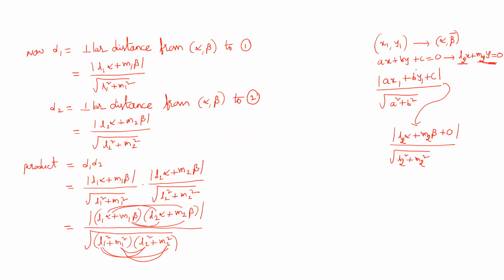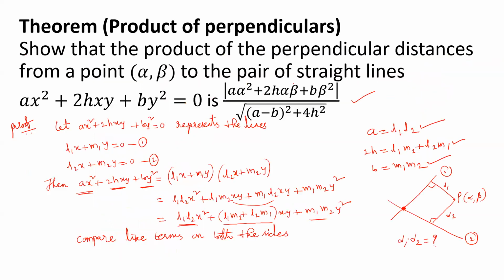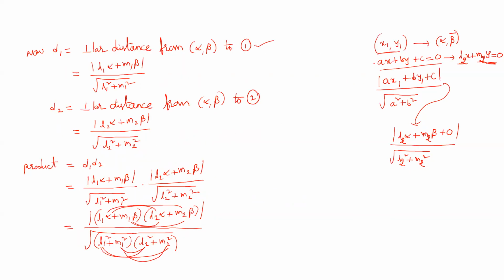For straight lines, the perpendicular distance from x1 y1 to the line ax plus by plus c equal to 0 is mod of ax1 plus by1 plus c by root of a square plus b square. D1 is the perpendicular distance from alpha beta to the first line. See here our first line is L1x plus M1y is equal to 0. So I am comparing this L1x plus M1y equal to 0 with ax plus by plus c equal to 0.